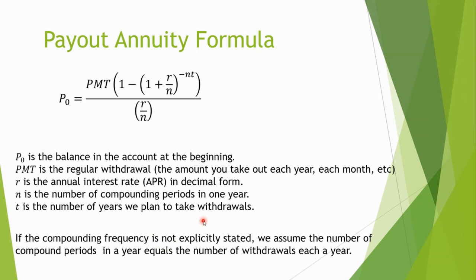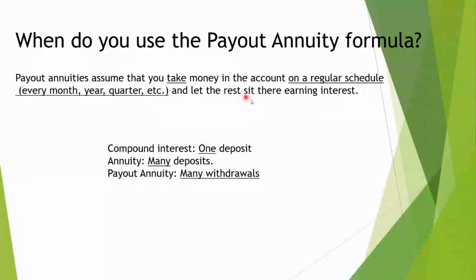But basically how often it's compounded is the same as how often we take withdrawals. The frequency is the same, in other words. I want to say you don't have to do that realistically, but for this chapter, that's what we're doing. Okay, so we have these different formulas.